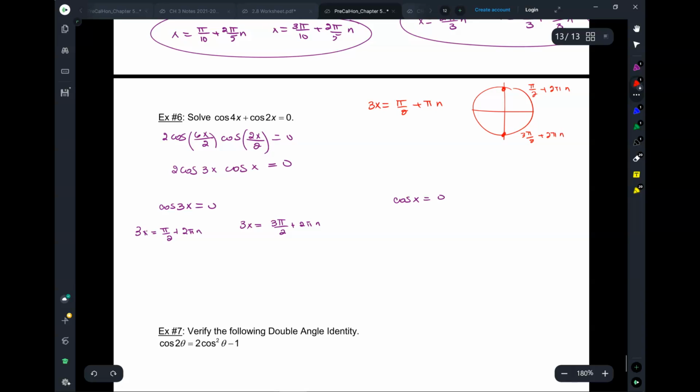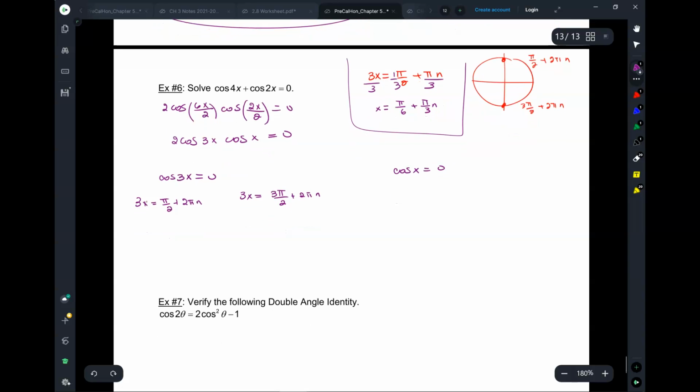Instead of having two different ones, you could also do pi over 2 plus pi n, in which case you still divide by 3. And so you get x equals pi over 6 plus pi over 3n. And if it was pi over 4, you could do plus pi over 2. Right. So that's one way to do it.